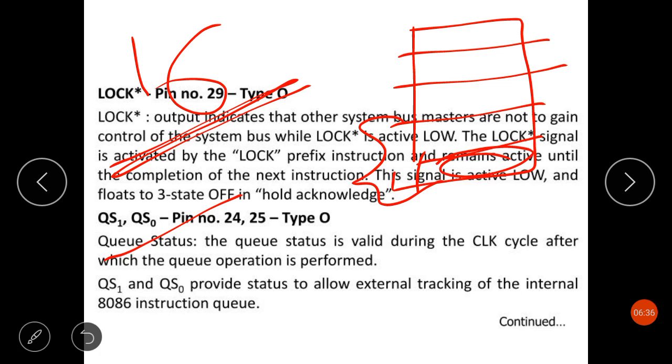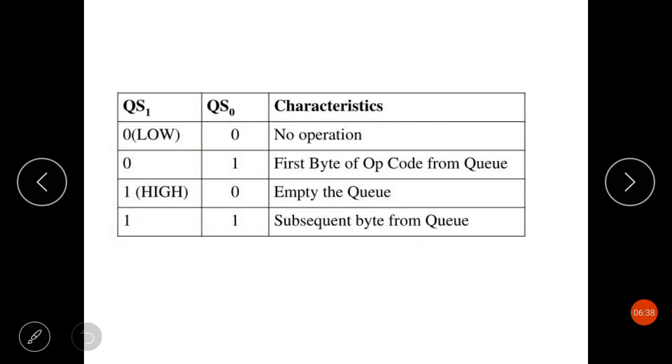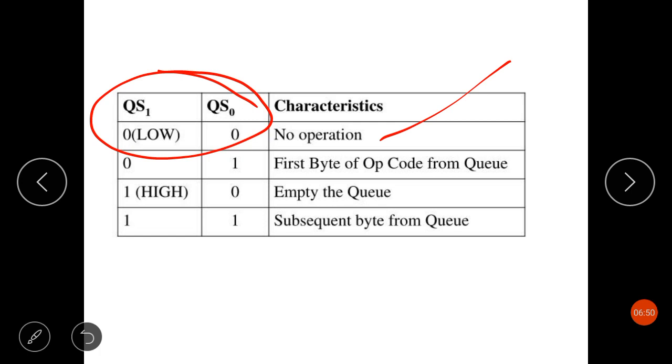If both QS0 and QS1 are 0, it means no operation is taking place, the instruction queue is in idle state. If QS0 is 1 and QS1 is 0, it means the first byte of the opcode is being fetched from the instruction queue.